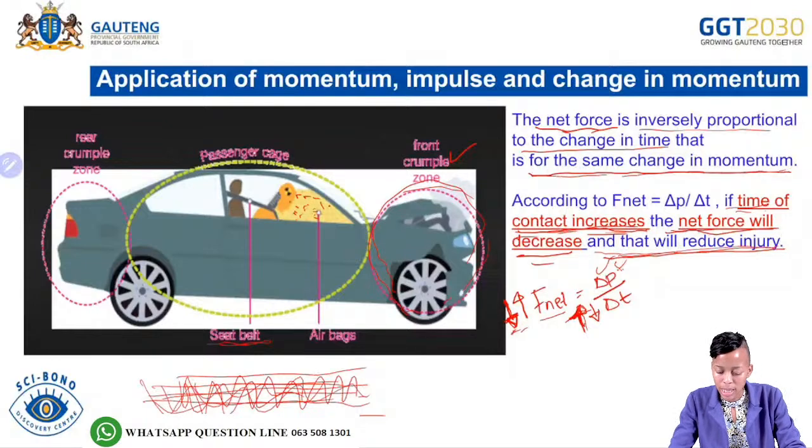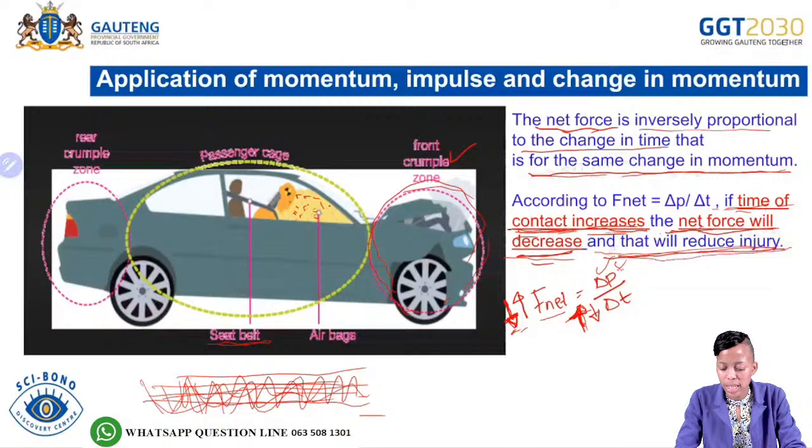And when the truck drives into the gravel road, what is going to happen? That would increase the time of contact. So if the time of contact increases, what happens to the net force? The net force would therefore decrease. And if the net force decreases, that will reduce what? That will reduce the injuries on the passenger who is in the truck. And that is for what? That is for the same change in momentum.